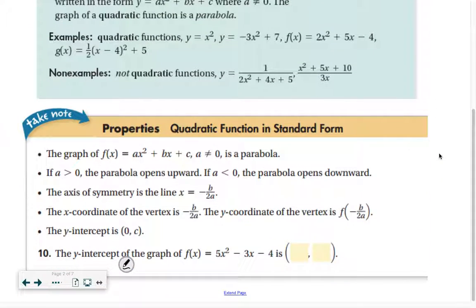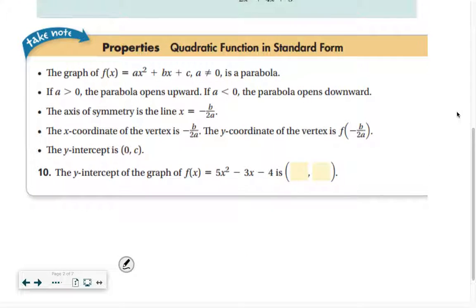We've got some properties that are real nice and handy. Again, our standard form, we talked about this yesterday. If a is bigger than 0, it opens up. A less than 0 opens down. This third bullet is a big one: axis of symmetry. I learned yesterday how to find it from a graph.